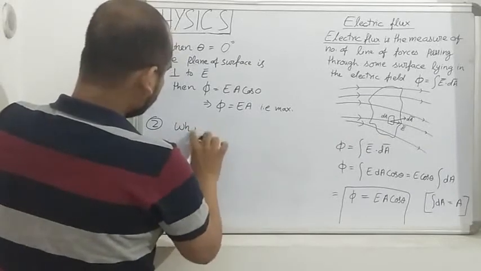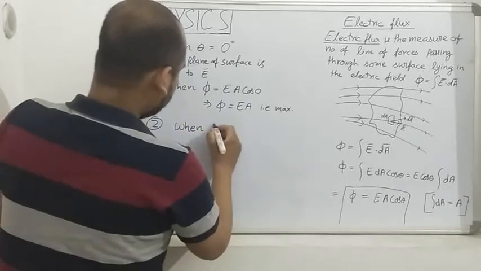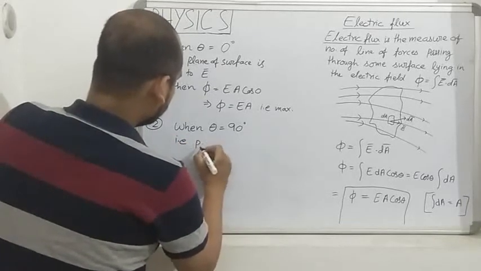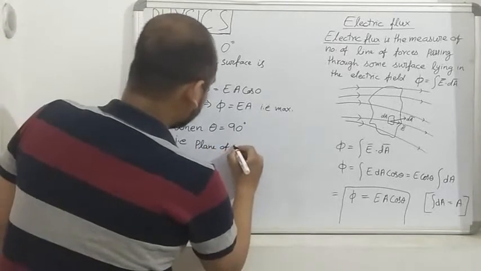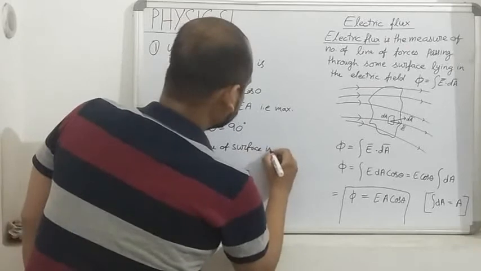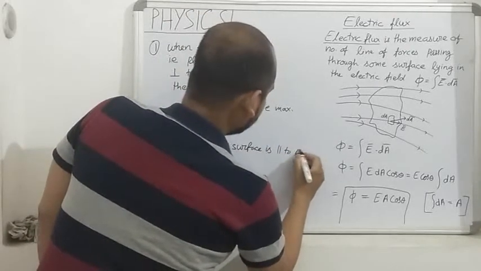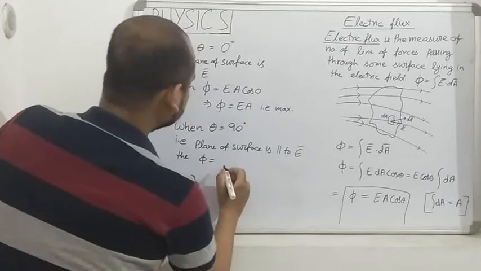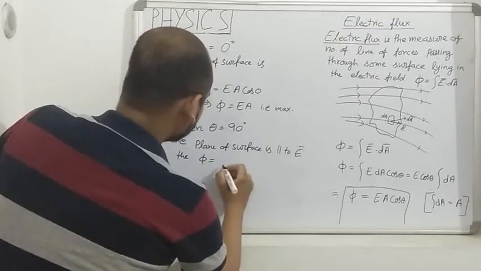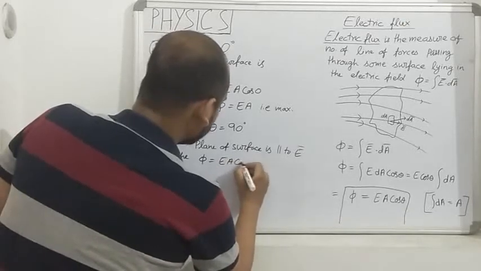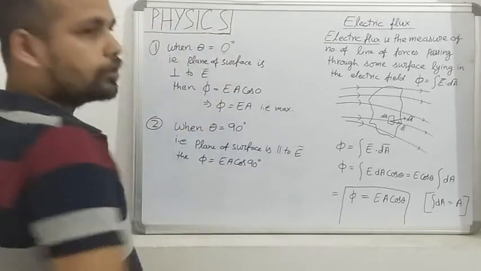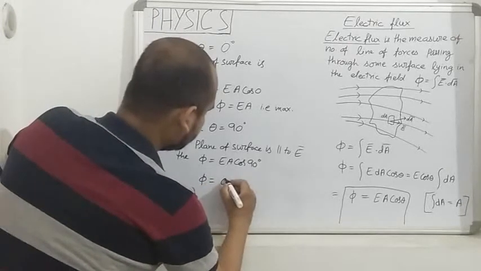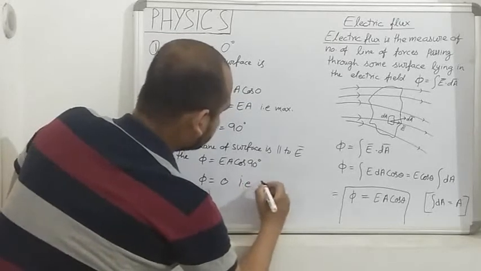So when theta is equal to 90 degree, that is, the plane of the surface is parallel to the electric field, then phi will be equal to EA cos 90, and we know cos 90 is equal to 0, therefore phi will be equal to 0, that is minimum.